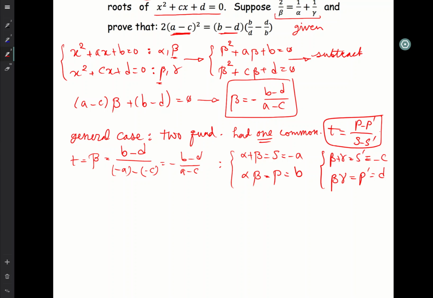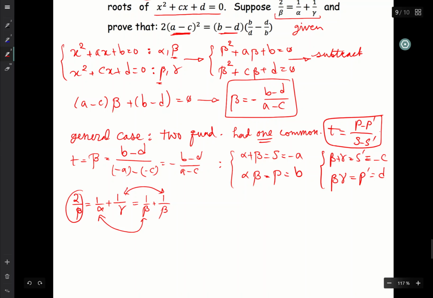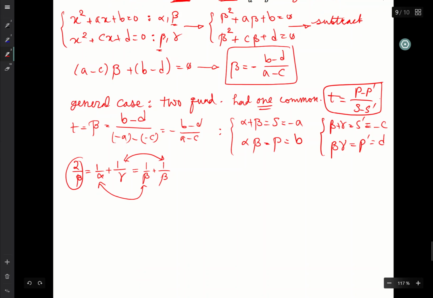Okay, now what do we infer from 2 over beta is 1 over alpha plus 1 over gamma? Well, 2 over beta is 1 over beta plus 1 over beta. The reason I'm putting this in this format is that I want to bring alpha and beta together and beta and gamma together, and then use the s and p's to simplify the thing.